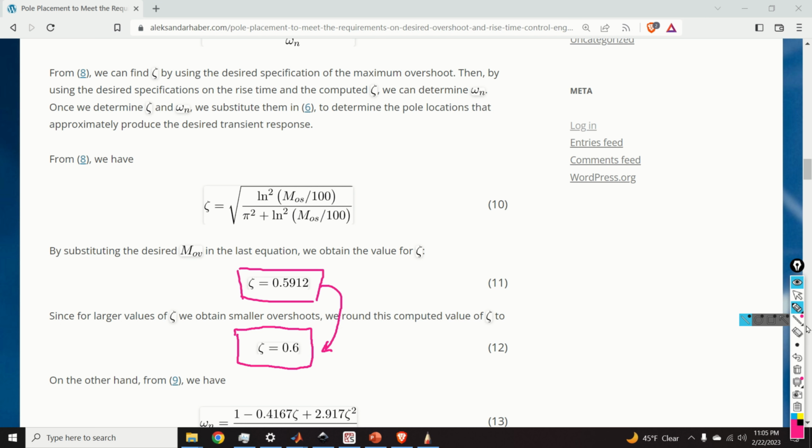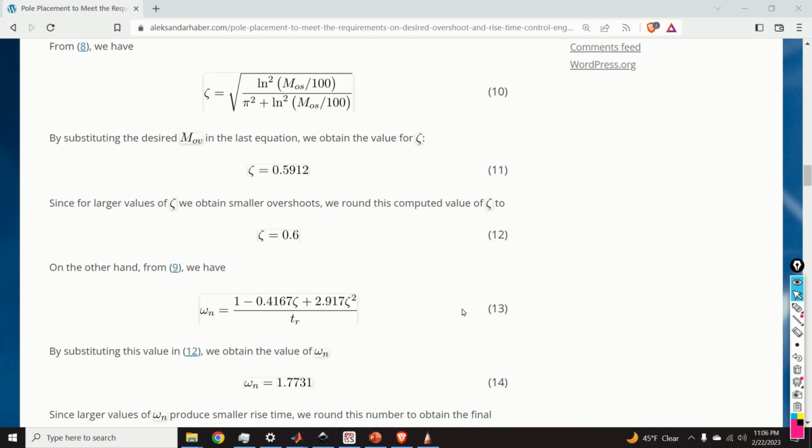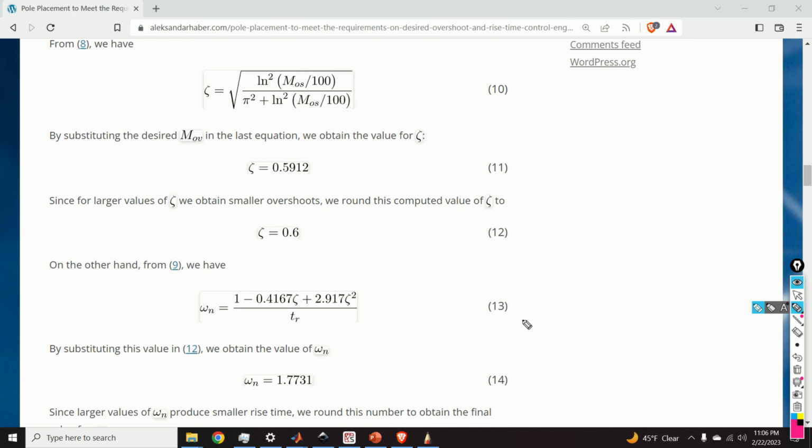On the other hand, from the equation number 9, we can express omega n. And by expressing the omega n parameter, we obtain the equation number 13. We substitute zeta from the equation number 12, and we substitute the desired rise time of 1 second, and as the result, we obtain omega n of 1.7731.